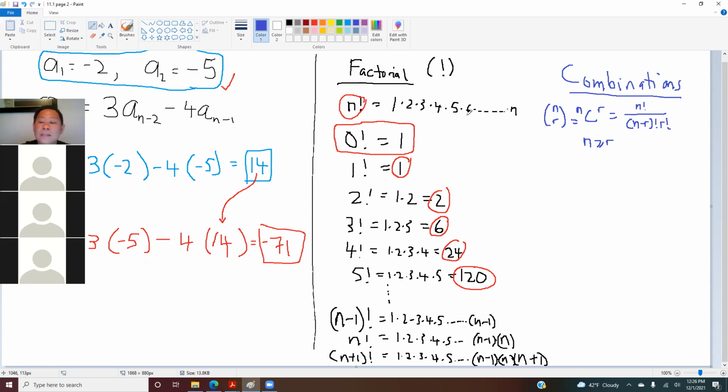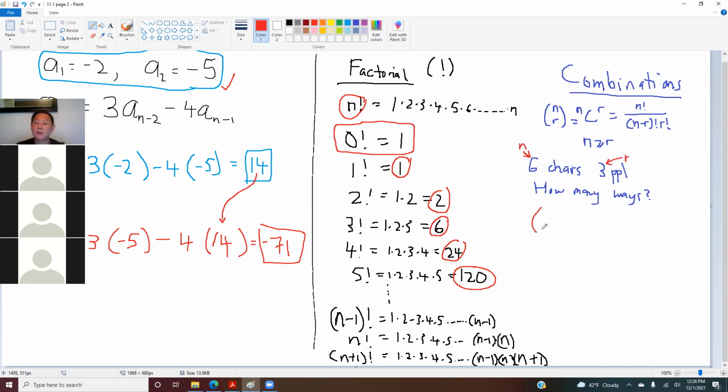So for example, we've got 6 chairs, and you've got 3 people sitting. How many ways can we do this? In order for us to do this, you just figure out which one is n and which one is r. In this case, your n is 6 because it's always greater, and your r is 3.